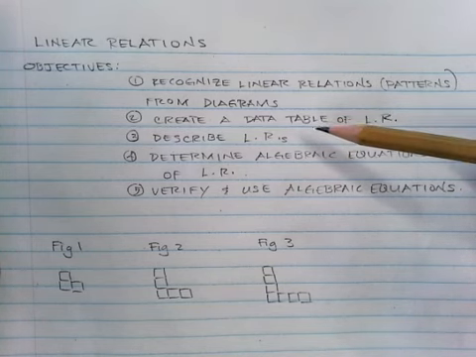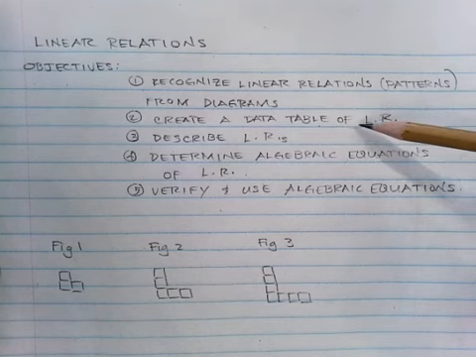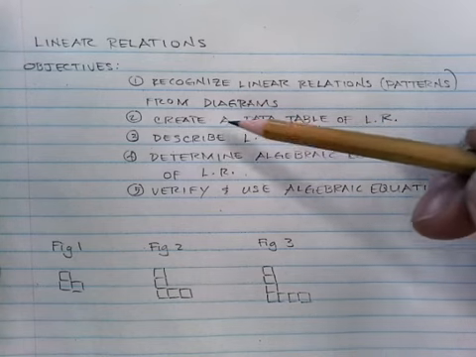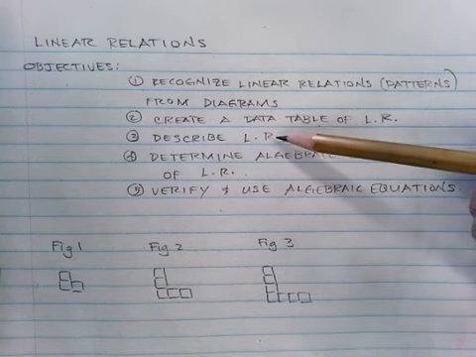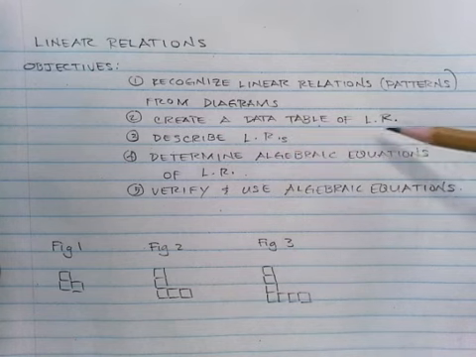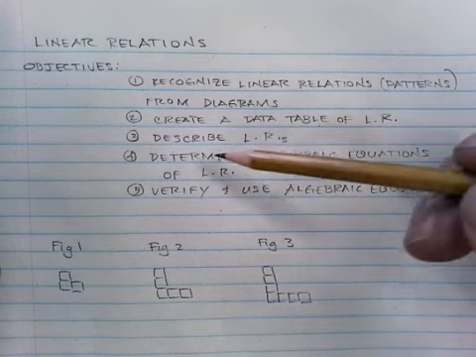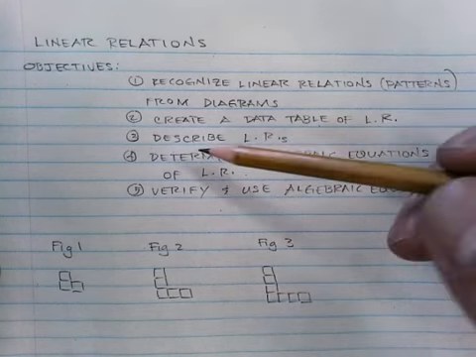Next objective is to be able to create a data table. I'll show you how to do that. That should be pretty easy. Be able to describe linear relations. I've shortened linear relations to LR, so that's what LR stands for now. And finally, this one here is probably the most important part of this first lesson: being able to determine algebraic equations of linear relations.